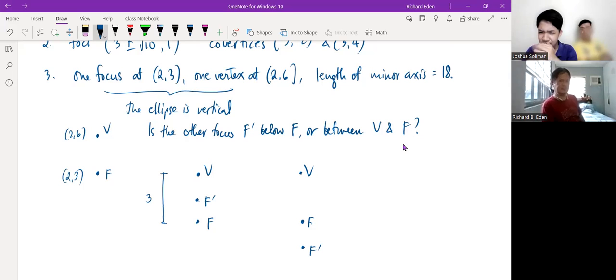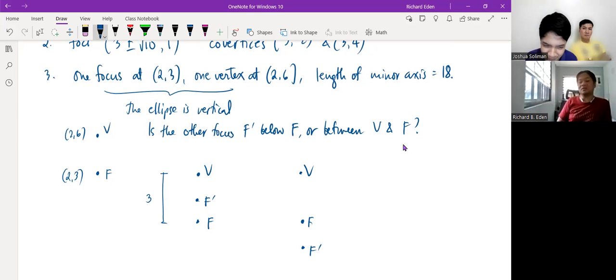That means the distance from one vertex to the other vertex must be less than 6. But since the minor axis is 18, the major axis must be greater than 18. But in that case, it was less than 6. So therefore, F prime must be below F. Okay, but that would have to be part of the argument.